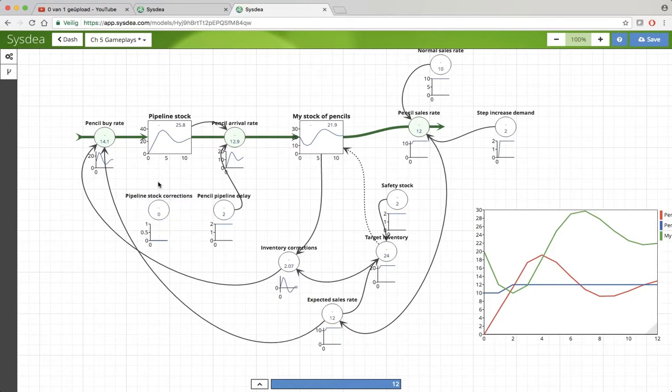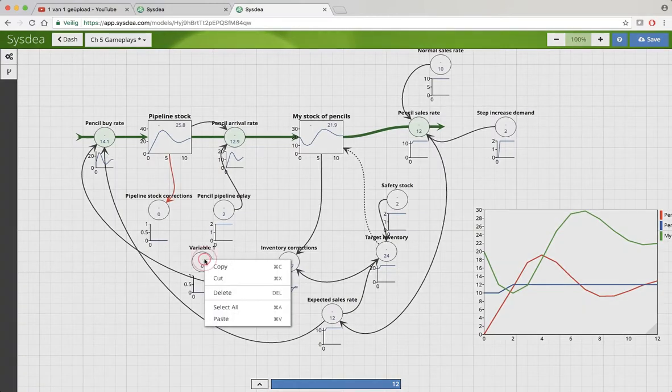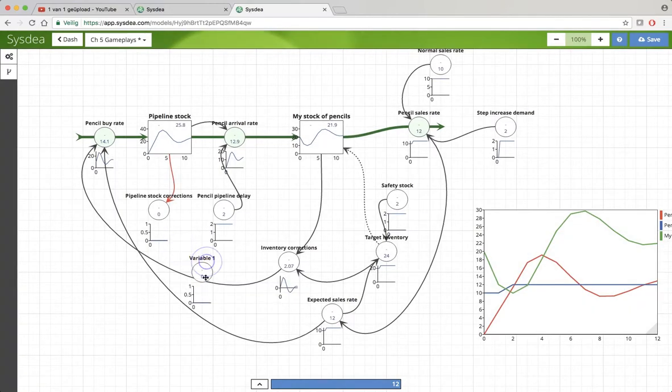Again, the corrections are the difference between the current stock and some kind of a target, as we have here, target inventory, but now we want a target pipeline.